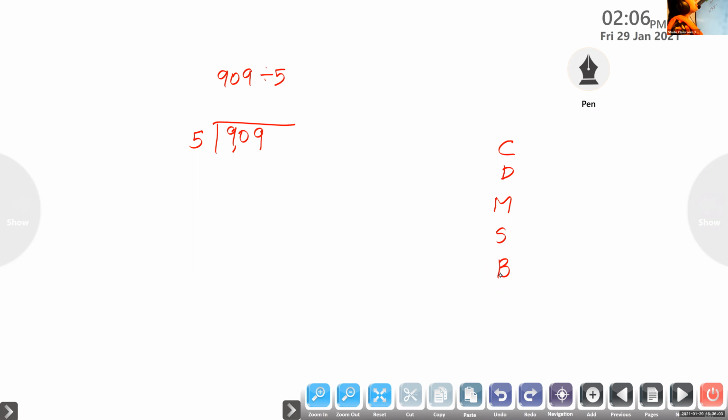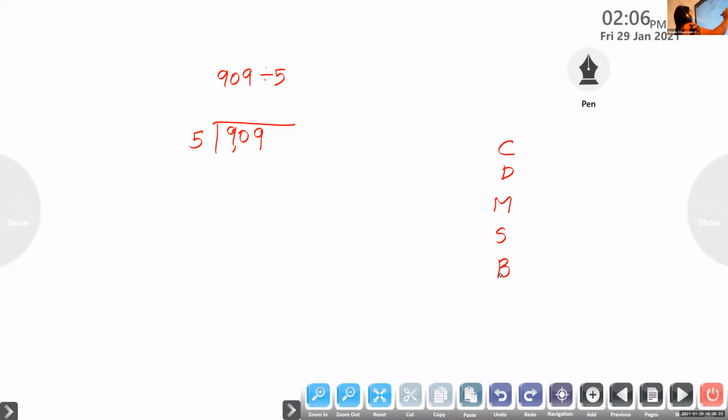My dear, to divide, you have to write the table of 5 and check whether 9 is coming in the table of 5. If 9 is not coming, you can go for a less and nearest number to 9.